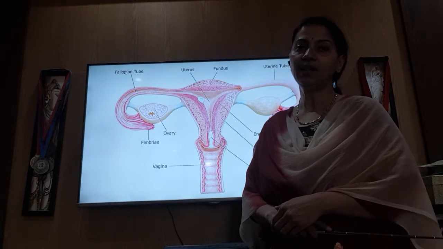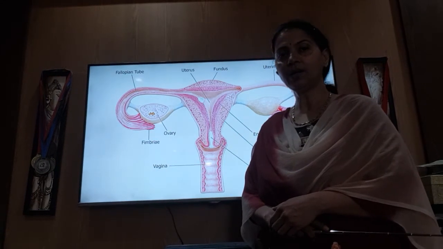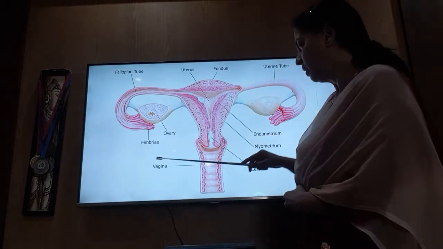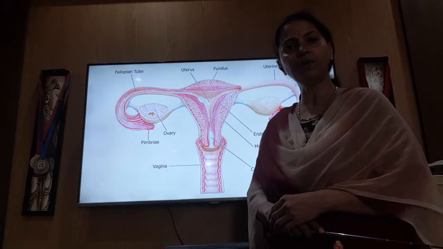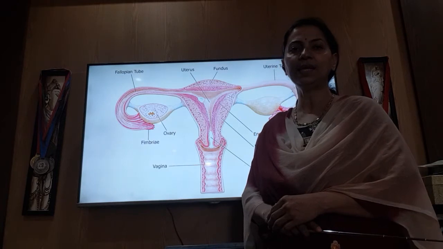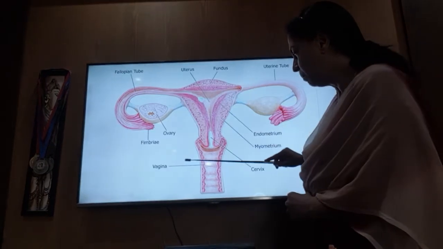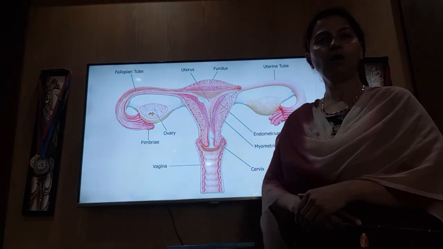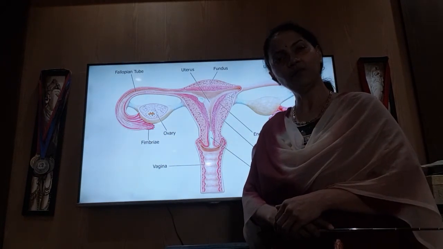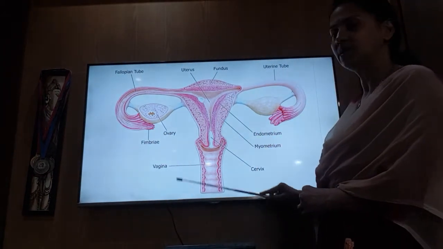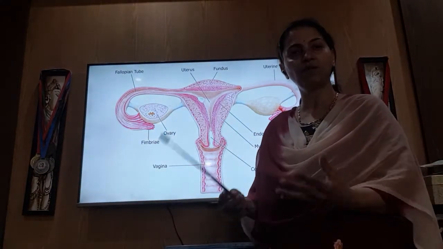Now the lymph nodes. Here again there is a difference. The upper one third of the vagina is drained by the external iliac lymph nodes. The middle one third of the vagina is drained by the internal iliac lymph nodes, and the lower one third, since it is near the vulva, is drained by the superficial inguinal lymph nodes.